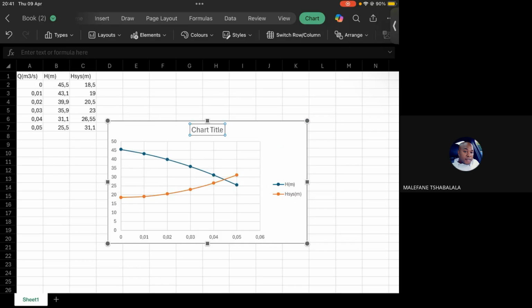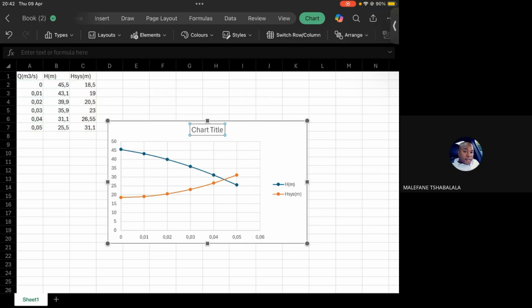Sorry to interrupt. I'm trying to highlight the entire information as you said, but it's not highlighting. You said we must go to the bottom corner of the flow rate, press and hold, and then drag the mouse to cell C7. It's not going there.